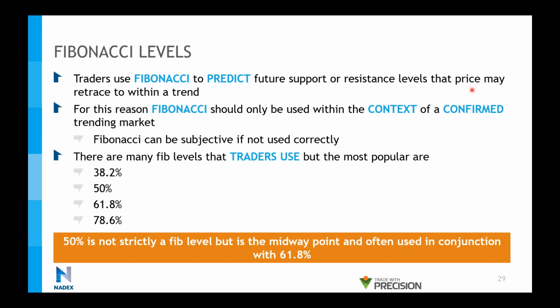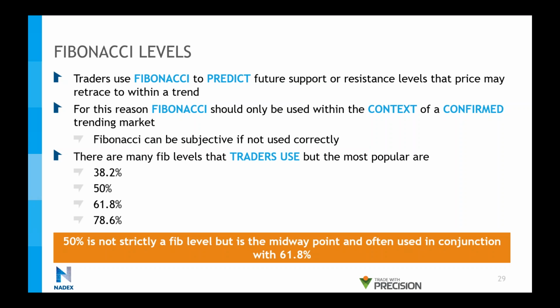If you don't use the proper tool in the proper context, the tool probably won't work. Same thing with Fibonacci. You have to have a proper trending environment, and only then do those Fibonacci retracements actually make sense. If not used correctly, results are definitely not very useful, or at least highly subjective.